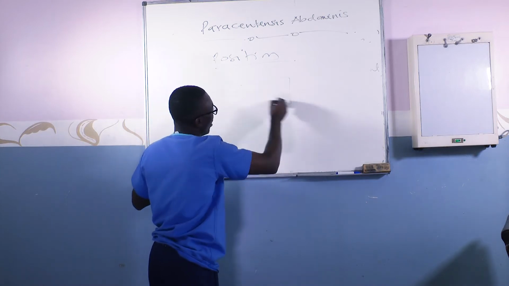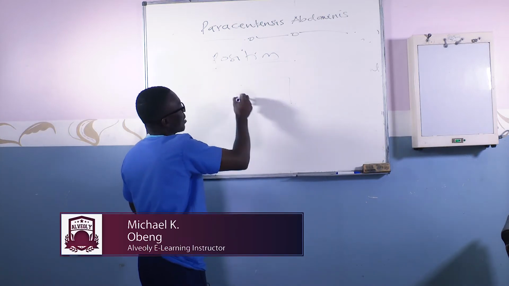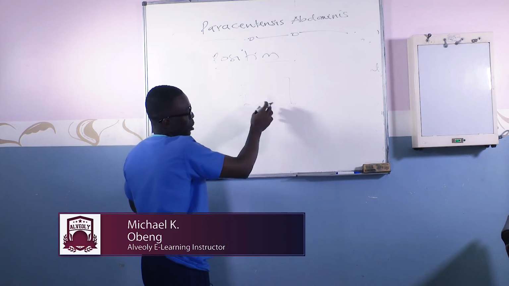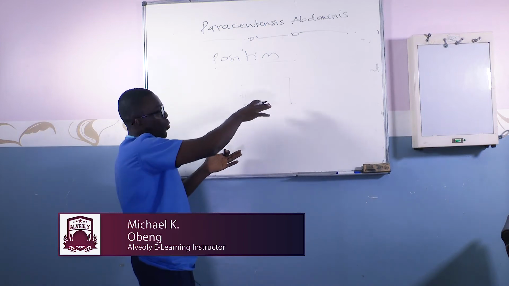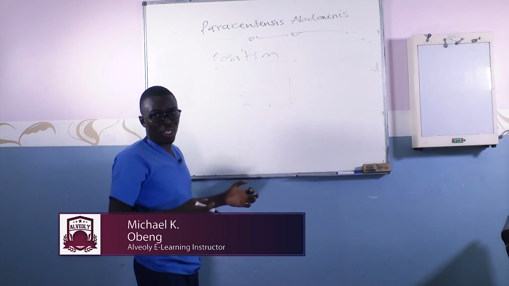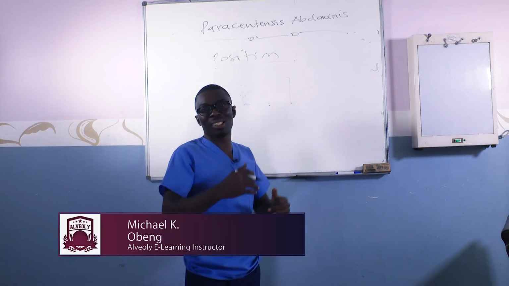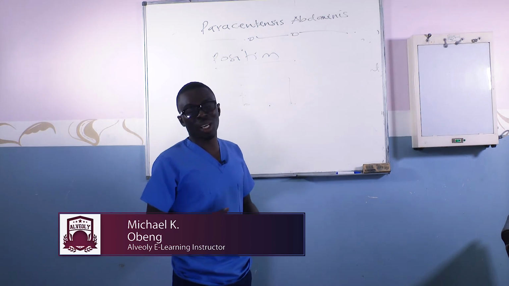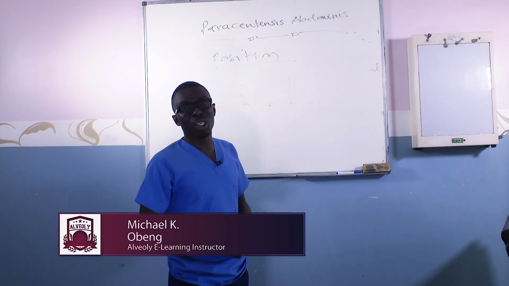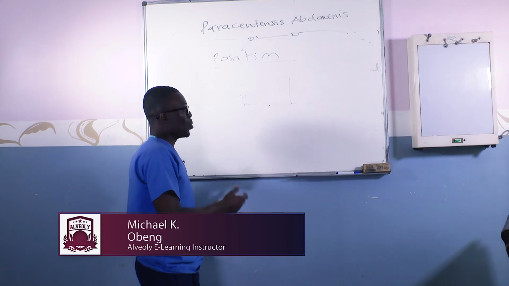So if there is the bed, they can sit at any edge, so that the abdominal content will be able to descend well for you to do the tapping. Or you can let the patient be in bed but in the sitting position. So basically, those are the positions that we usually use to do our tapping.